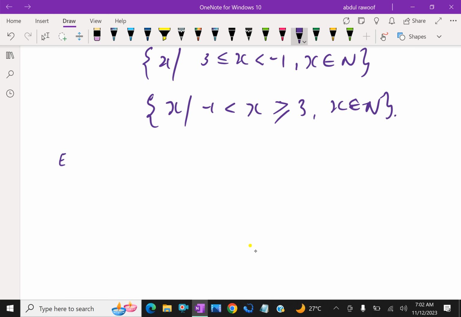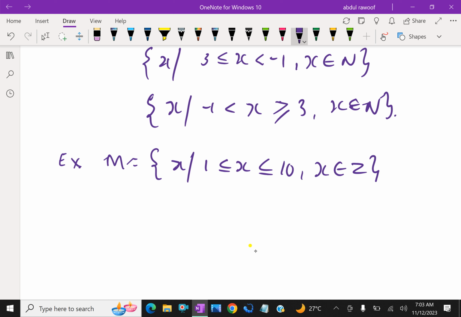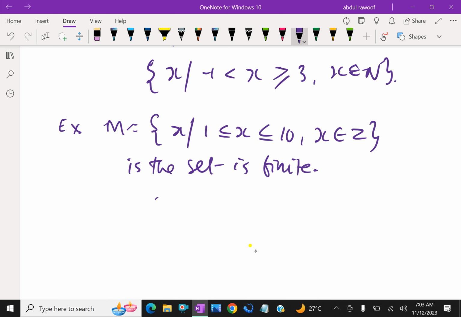One more example. Set M is such that x is such that 1 is less than or equal to x less than or equal to 10, x is an element of Z. Is the set finite? First we have to translate this set here.